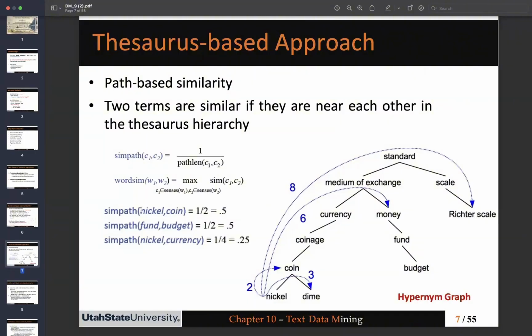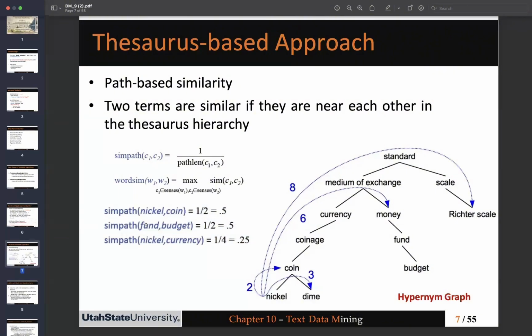If you look at the example of nickel and coin, we assume that the path length between a child and its direct parent is always going to be 2, and all the other hops that are not direct parents only cost one. Therefore the path length between nickel and coin is equal to 2, because nickel is a direct child of coin. And therefore the simpath between nickel and coin is 1/2, which is also 0.5.